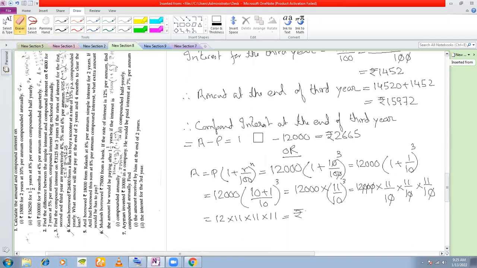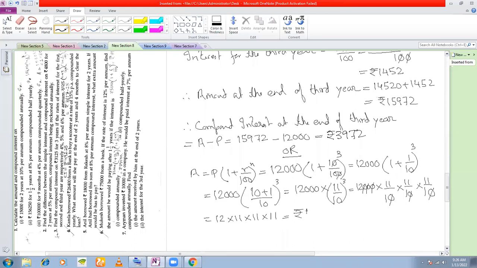So here the compound interest will also change. 15,972 minus 12,000 will give you 3,972.